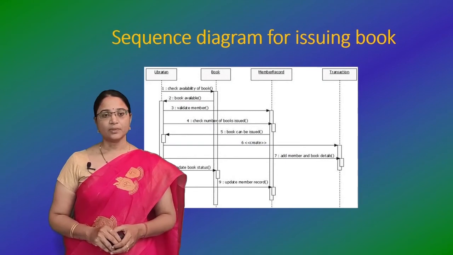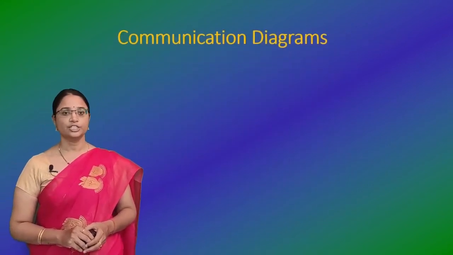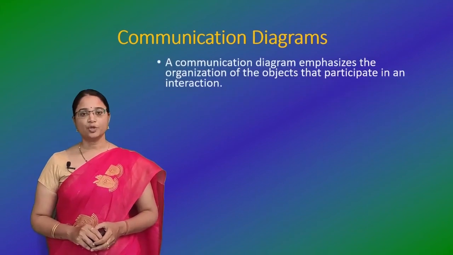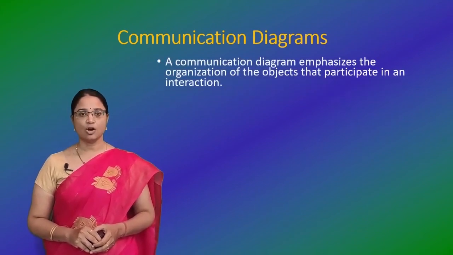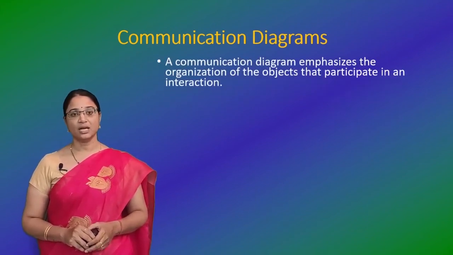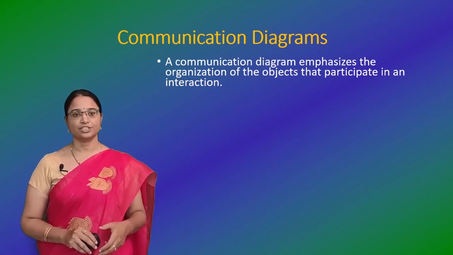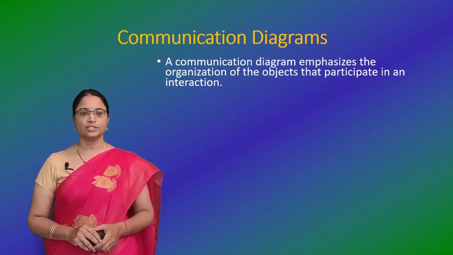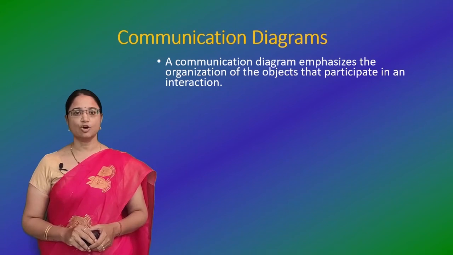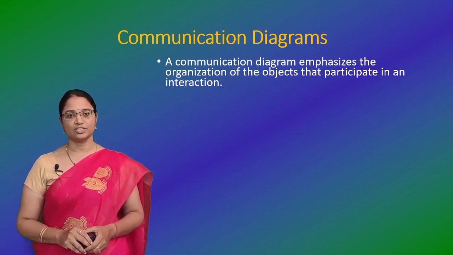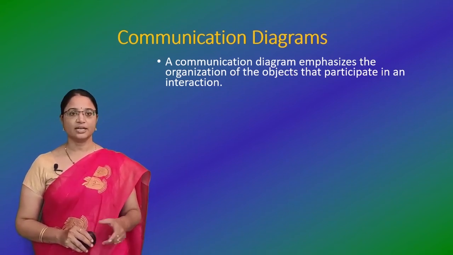So coming to the next topic, that is communication diagrams. A communication diagram emphasizes the organization of the objects that participate in an interaction. You form a communication diagram by first placing the objects that participate in the interaction as the vertices in a graph.